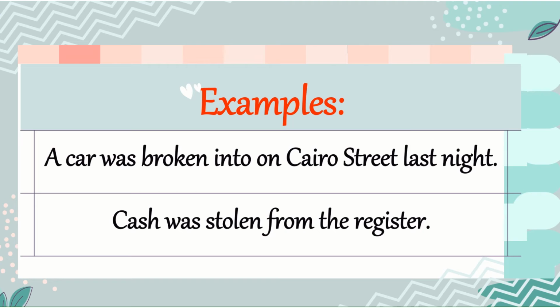So, here you have some examples. A car was broken into on Cairo Street last night. Also, cash was stolen from the register. If you notice here, both sentences are in passive voice.